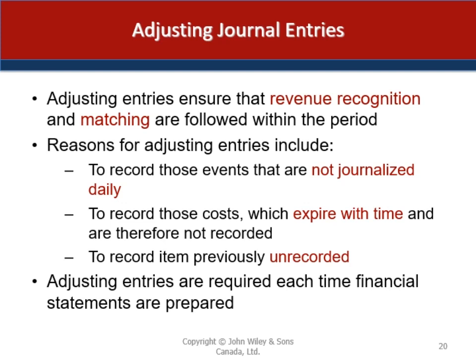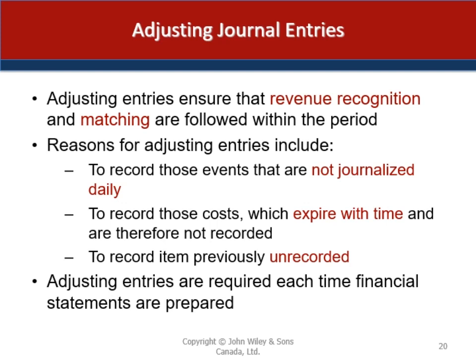All right, so the periodic expenses, those expenses which expire with time, would generally not have a cash trigger either, so we'd have to make adjusting entries for those. And any items which were previously unrecorded generally again would be things that wouldn't have a cash trigger for the recording of the original entry.